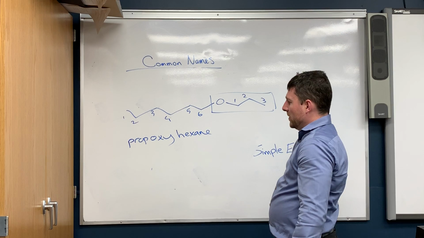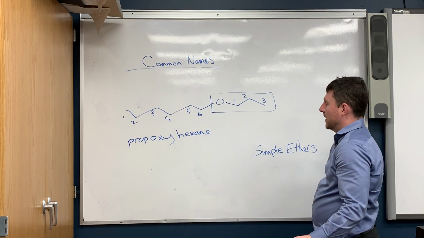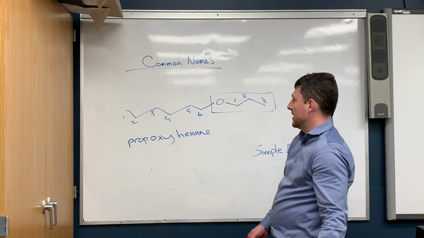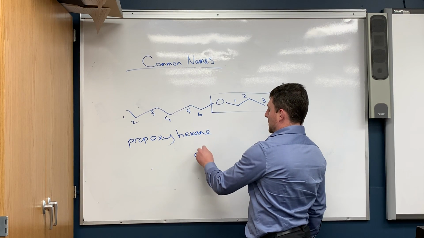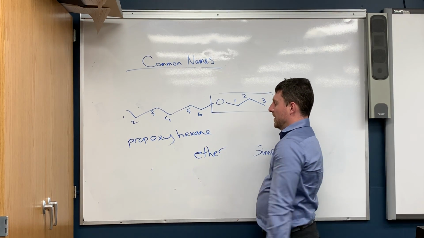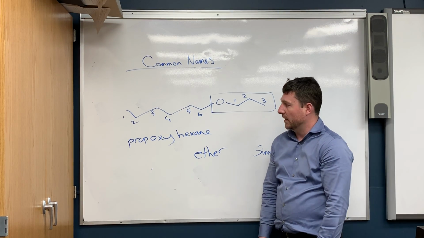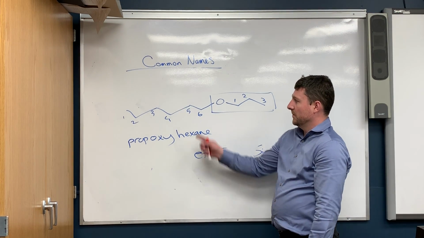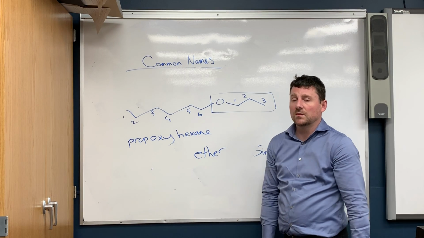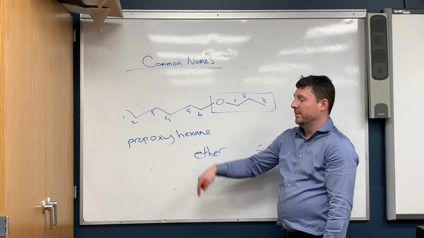Well, when we name simple ethers, a common thing that you might see is that it just calls the molecule an ether, referring to the 2 carbon chains on it, and it just puts both carbon chains as prefixes, right?